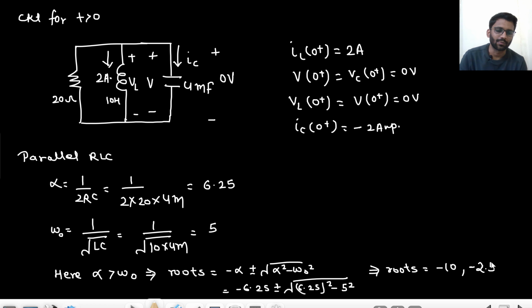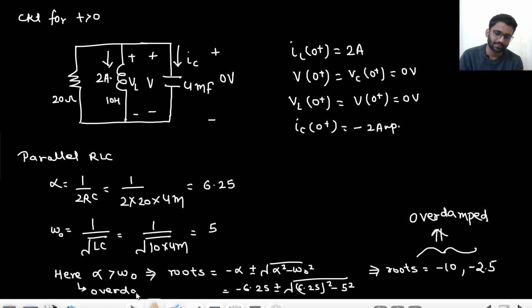Two different roots. Since alpha is greater than omega naught, this is an overdamped system. So the roots are minus 10 and minus 2.5.